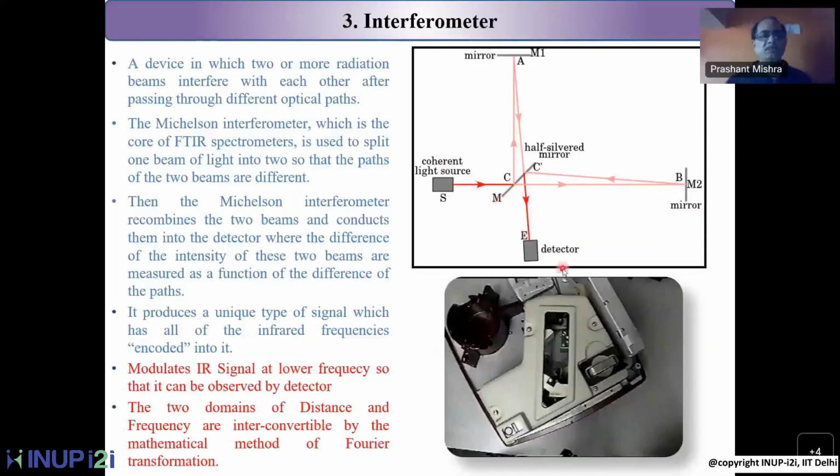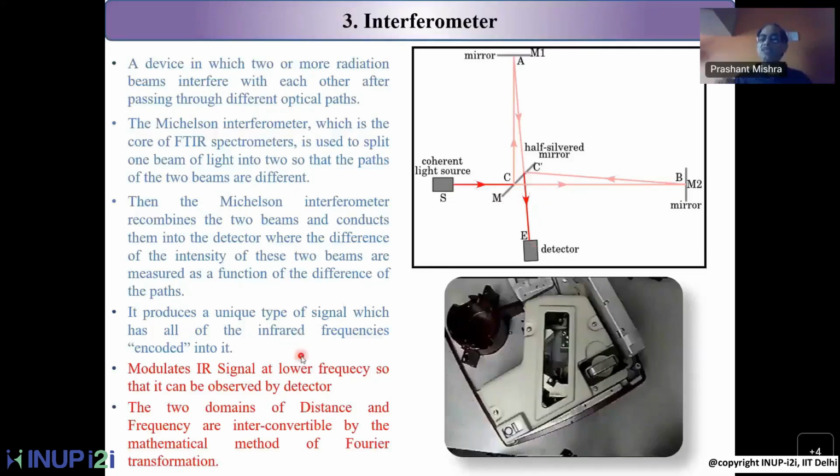So this Michelson interferometer recombines the two beams as you have seen here, and the difference of intensity of these two beams is measured as a function of the difference in path. So you have seen there are different paths, and that is what is going to be measured. It produces a unique type of signal which has all of the infrared frequencies encoded.